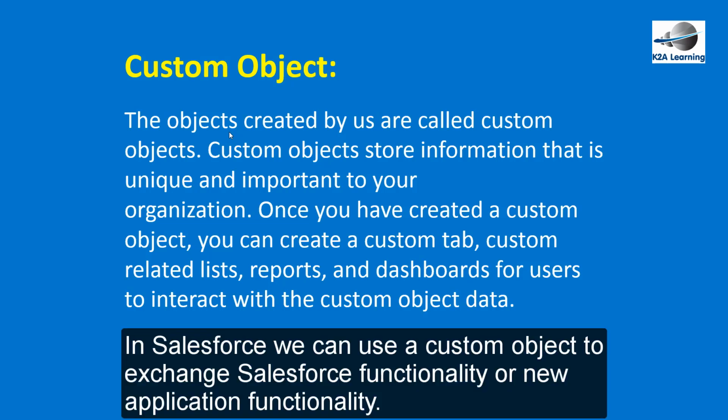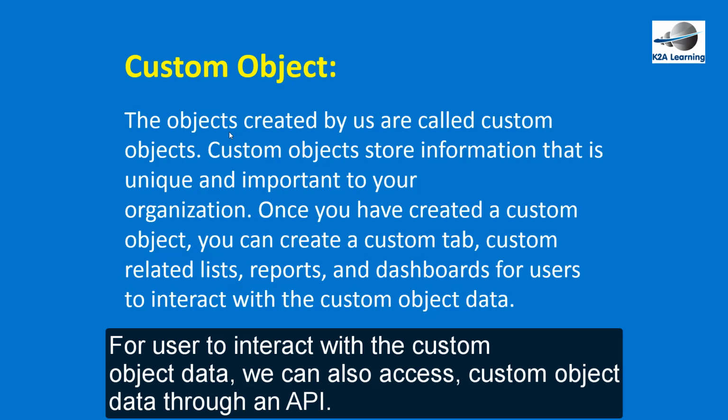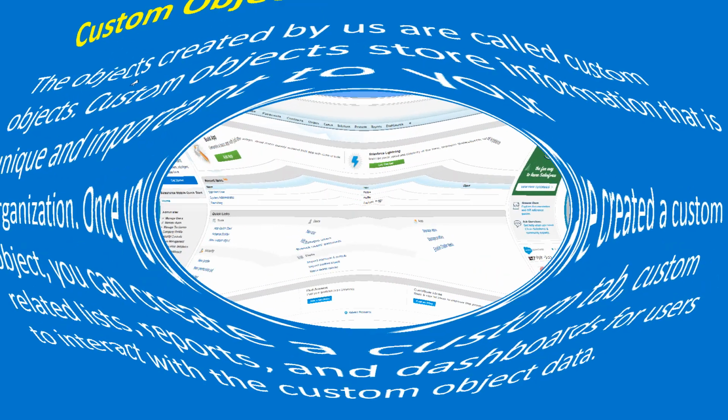In Salesforce, we can use a custom object to extend Salesforce functionality or provide new application functionality. Once we have created a custom object, we can create a custom tab, custom related lists, reports, and dashboards for users to interact with the custom object data. We can also access custom object data through an API.